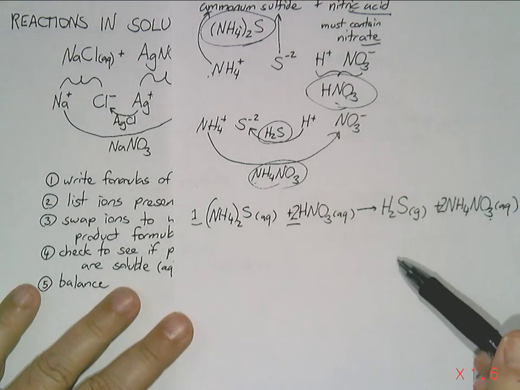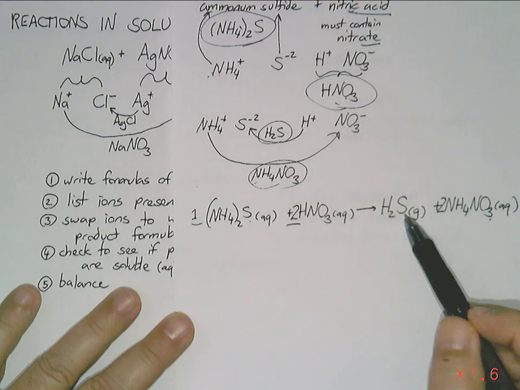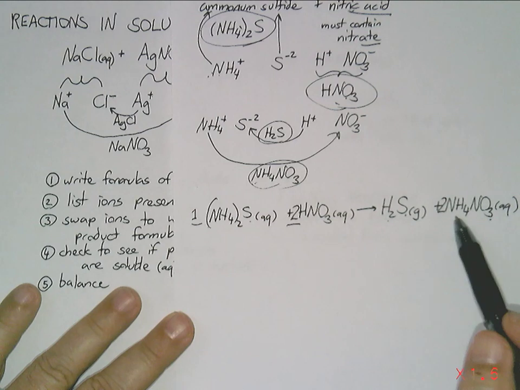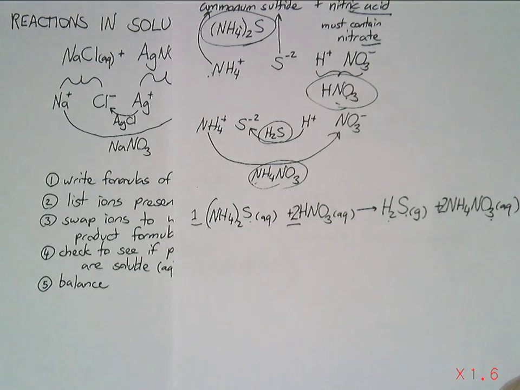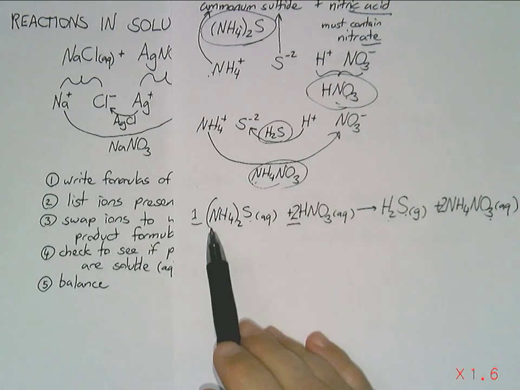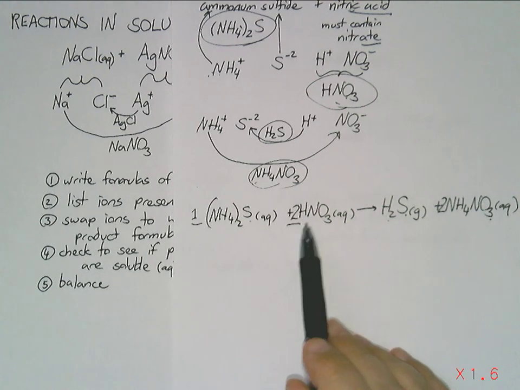Now, how about everything else? I've got a sulfur and a sulfur. And how many hydrogens? 2 hydrogens on this side that are outside of the ammonium, and 2 hydrogens on this side that are outside of the ammonium. So this is balanced. Verify it yourself. How many nitrogens on this side? Well, there's 2 there, and then there's 2 more here.